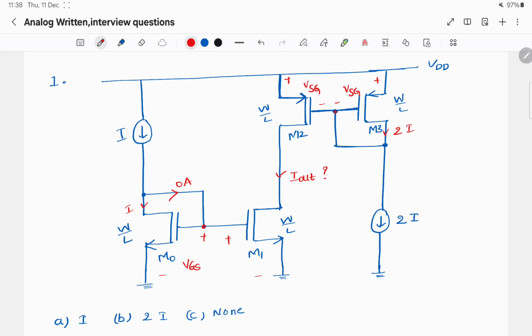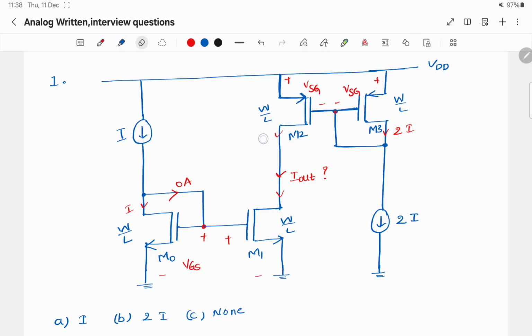We can easily get confused that 2I current is flowing here, so 2I current has to flow from here. But I current is flowing from this MOSFET. For current mirror concept, I current has to flow in this MOSFET. Clearly we can see that KCL is getting violated here, so this can't be true.